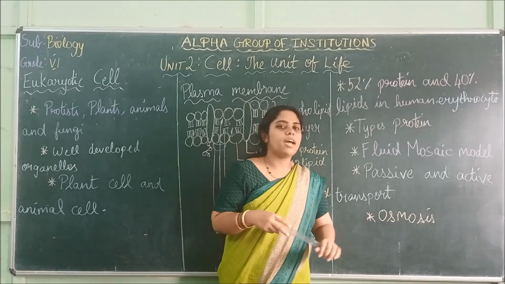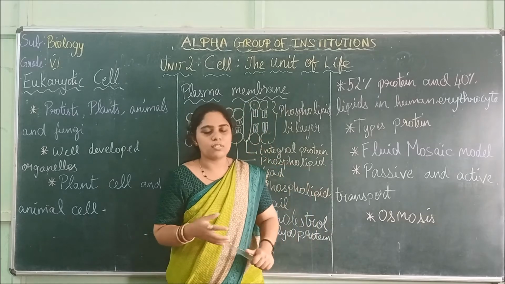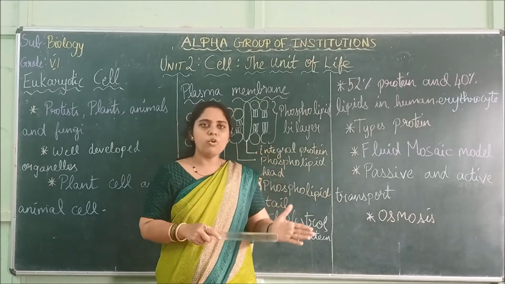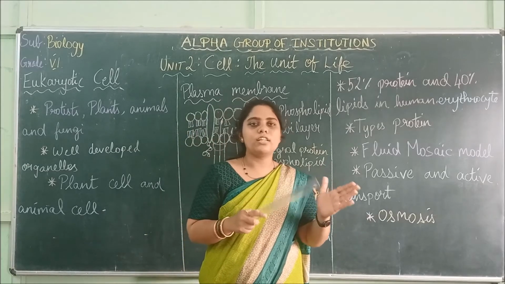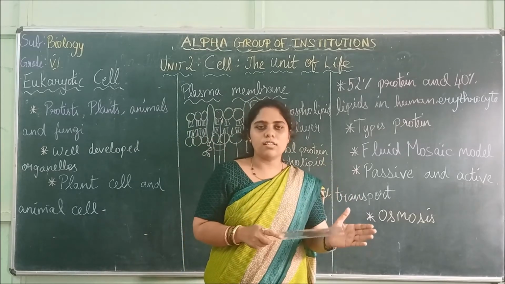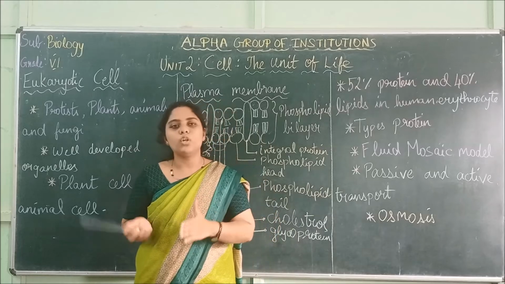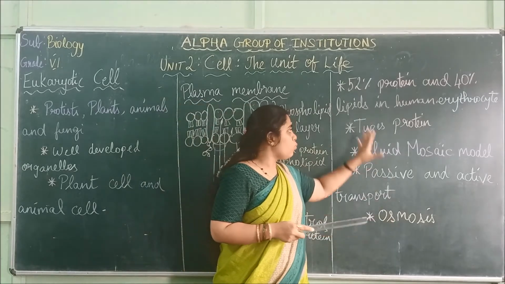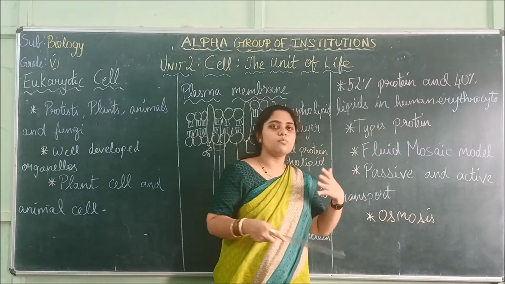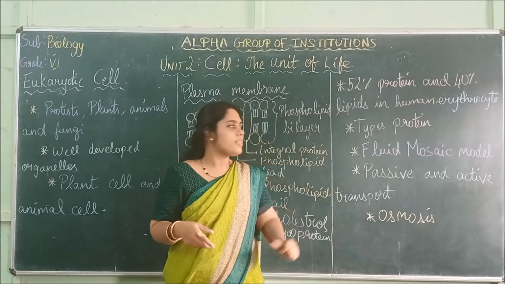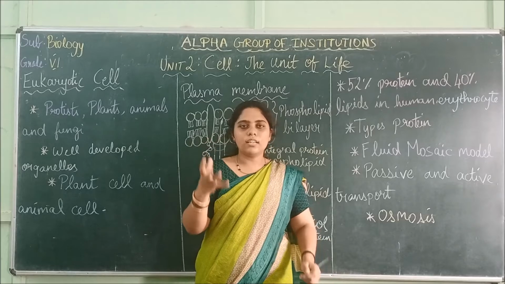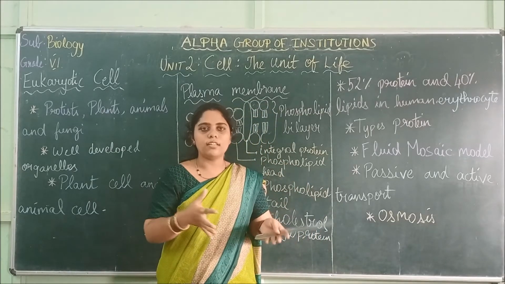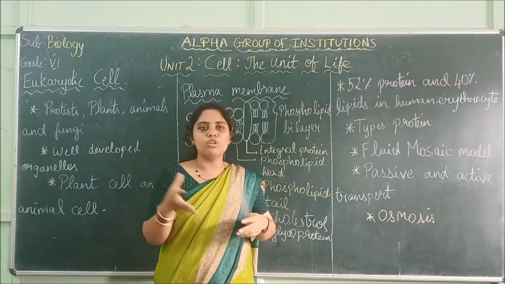And next, they have told about osmosis. So what does osmosis mean? Movement of elements from a region of higher concentration to a region of lower concentration is known as osmosis. Why are we talking about all these movements of elements? Because the plasma membrane is a semi-permeable membrane. It does not allow the elements to move freely.